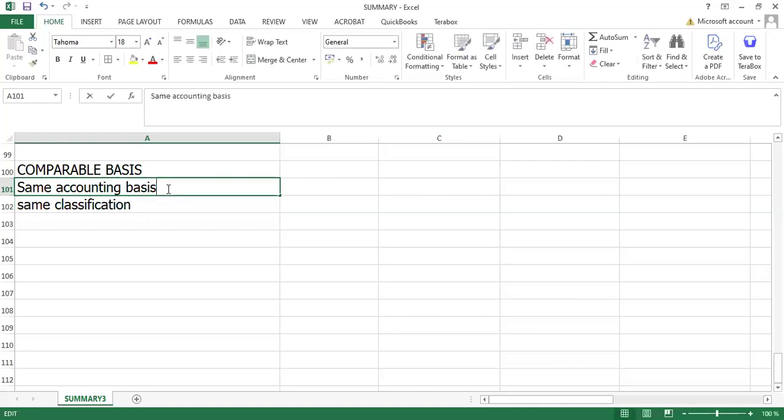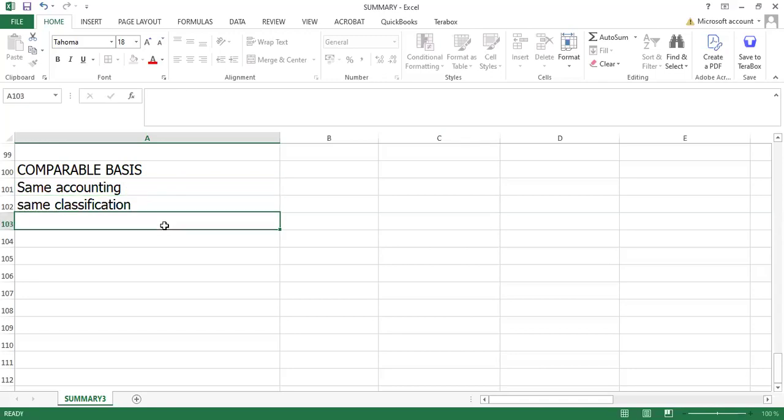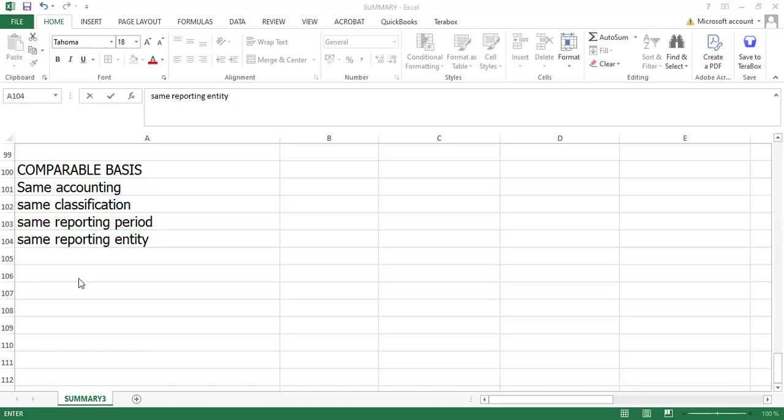Then you are looking at the same reporting period. Then the same what? The same reporting entity. It is something that you really need to know.